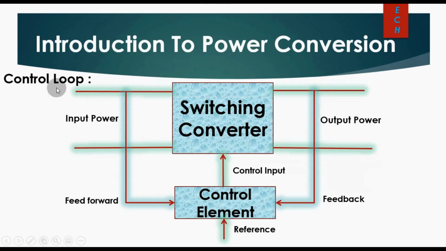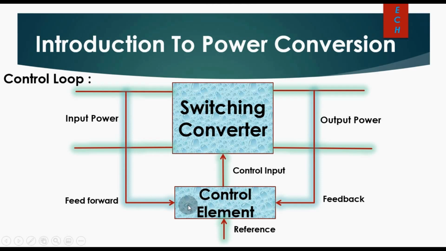So let us understand what the control loop is. We have already seen in the previous slide, we have input power, we have switching converter, and we have output power. Then we have control input. This is the control element which controls the output power, and that also controls the input power.